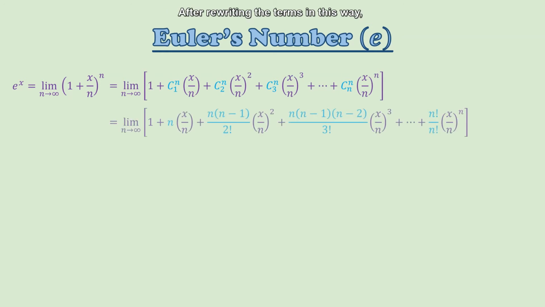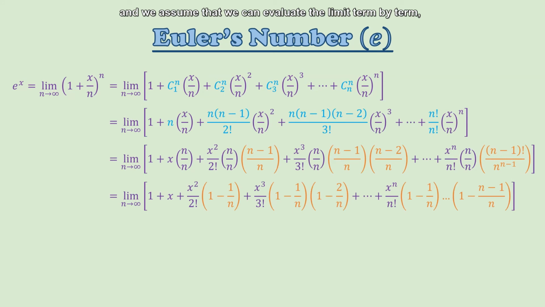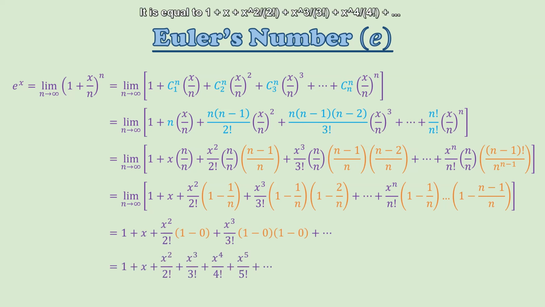After rewriting the terms in this way, and we assume that we can evaluate the limits term by term, then we can see that this limit is actually equal to an infinite series. It is equal to 1 + x + x^2/2! + x^3/3! + x^4/4!, and so on and so forth.